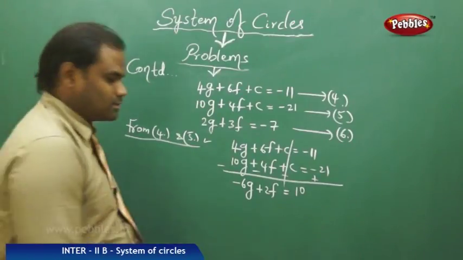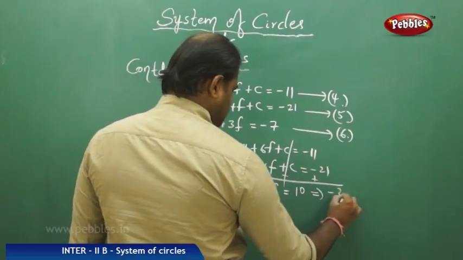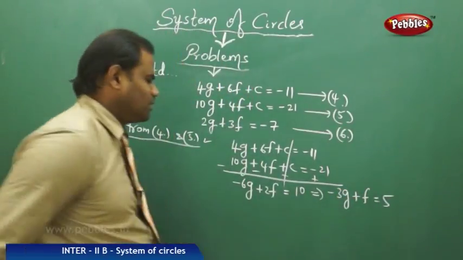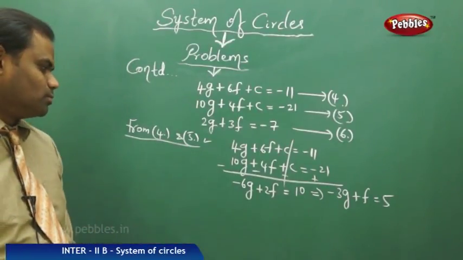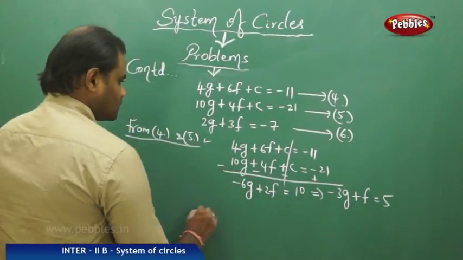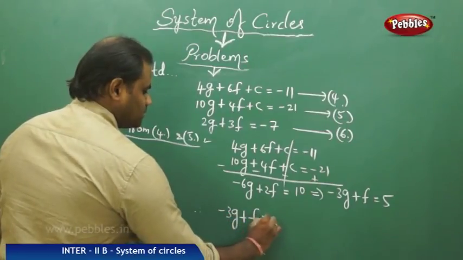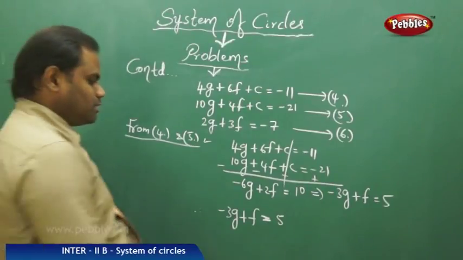This on further simplification gives minus 3G plus F equals 5 when I take 2 common and divide. Dividing the whole equation by 2, each of the terms reduces by half.